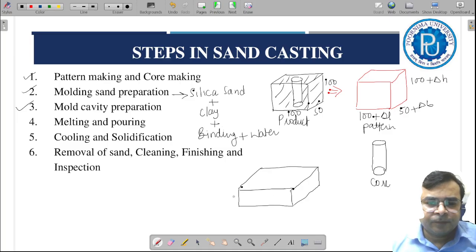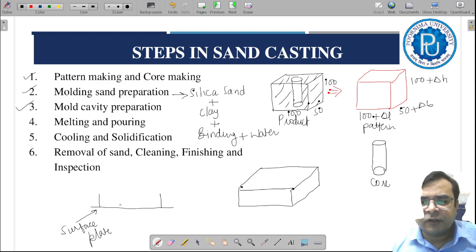This is a three-dimensional shape, and now I am drawing it in 2D. This mold box is placed on a flat surface, which is also called a surface plate.